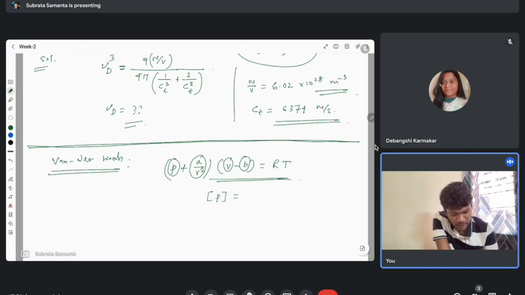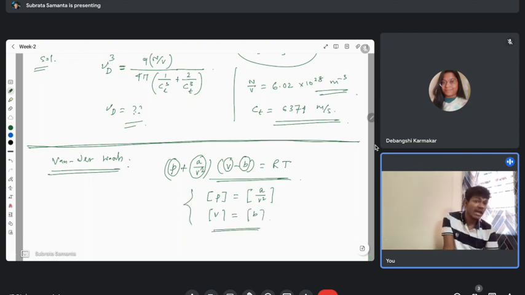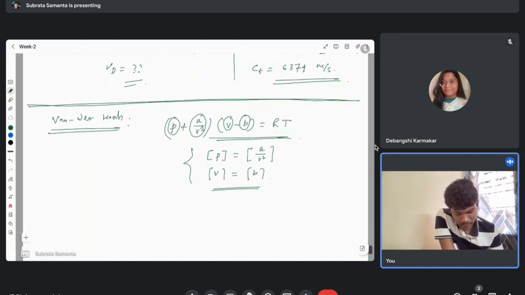The dimension of P and the dimension of A/V² must be the same. So when we add or subtract any two quantities, the dimensions must be the same, but that is not the case for multiply and divide.